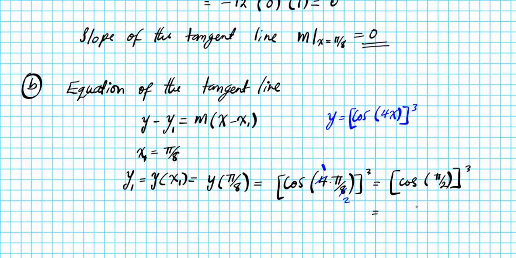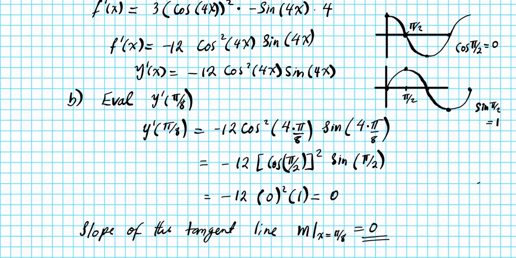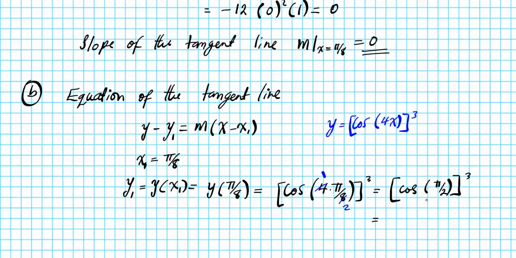So cosine of pi over 2, we already computed what that is. If you've forgotten, you can look at our graph, it's 0. Okay, so cosine of pi over 2 is 0 raised to the third power, which is equal to 0.